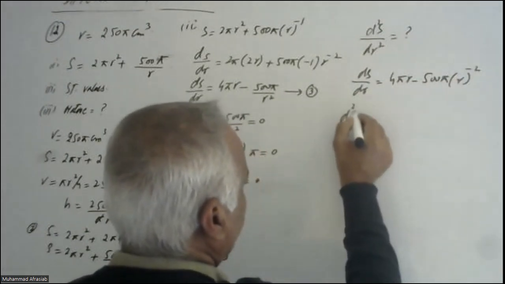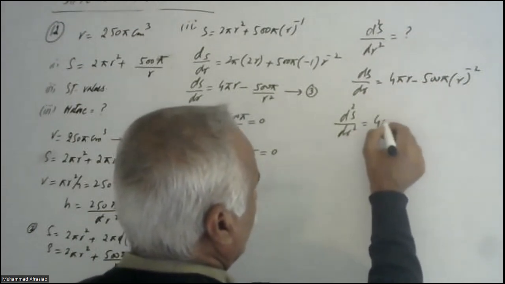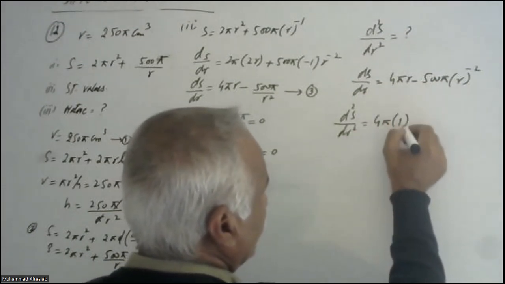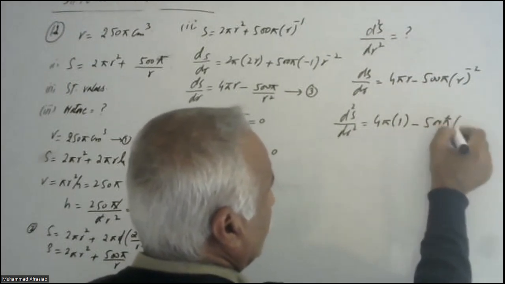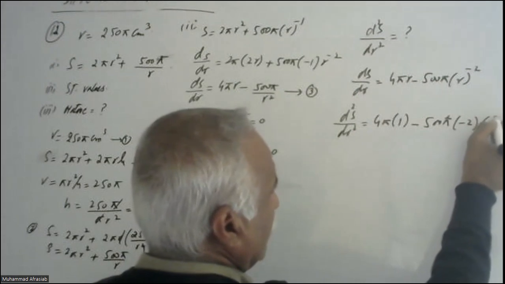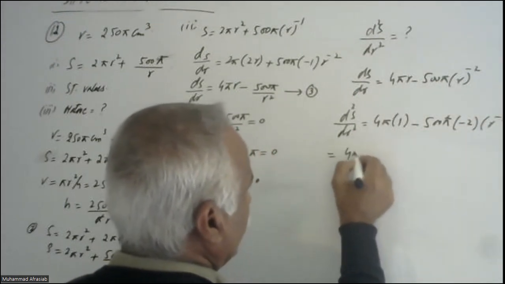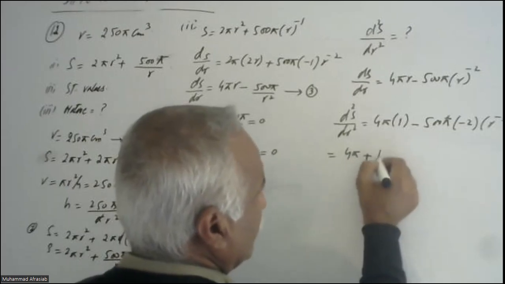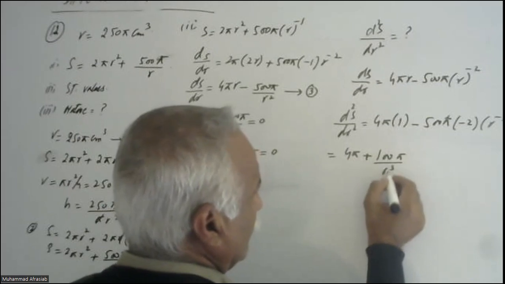And d square S over dr square will be equal to 4 pi is constant, r derivative is 1, minus 500 is constant, into minus 2 and r power minus 3. This will become 4 pi plus 1000 pi over r cube.